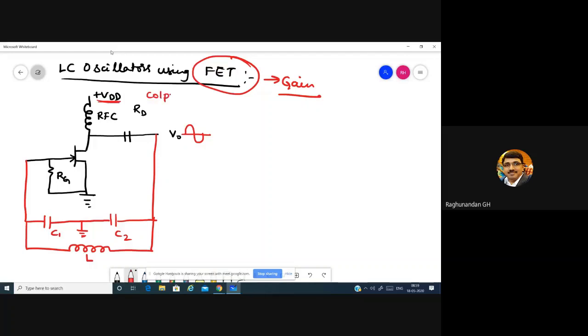I am talking about the Colpitts oscillator. It is called Colpitts oscillator because it has two capacitors and one inductor. Now the frequency will be tuned by using these L and C components, but in order to avoid this mixture of the DC signal with the output, you will be using this RFC, because RFC always isolates DC from AC.